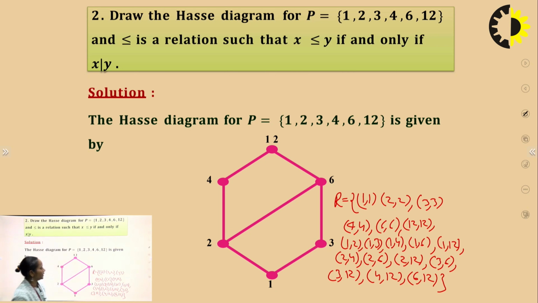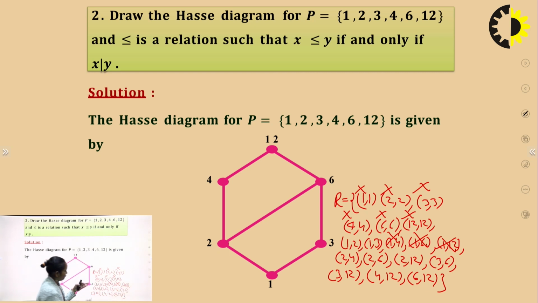So reflexivity, that is 1, 1, 2, 2, 3, 3, 4, 4, 6, 6 and 12, 12. Next, we have to remove the transitive relations. 1 to 2, then 2 to 4, so we remove 1 to 4. 1 to 2, 2 to 6, then 1 to 6 is removed. 1 to 2, 2 to 12, then 1 to 12 is also removed.